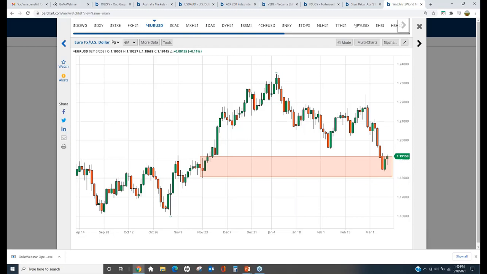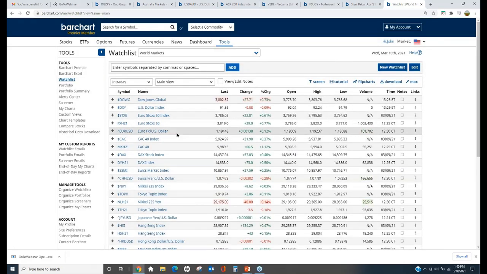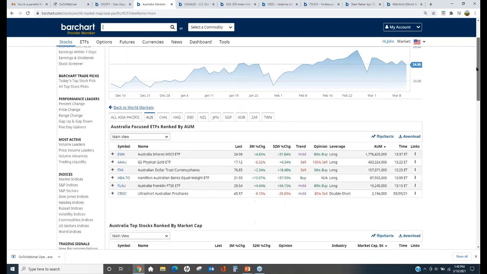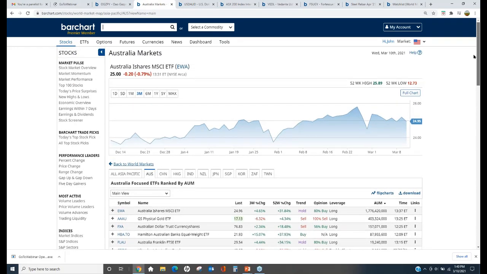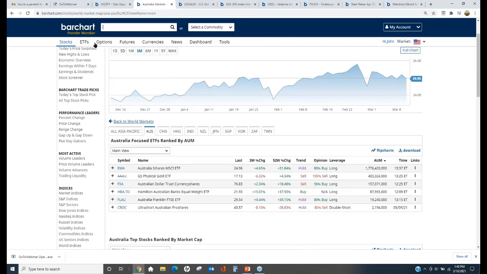It's come into an area of support, and now it's starting to move higher, so it's bouncing. So what we might want to do is go back to our European indexes. Let's go back there. Oops, sorry, I'm in the Australian one.